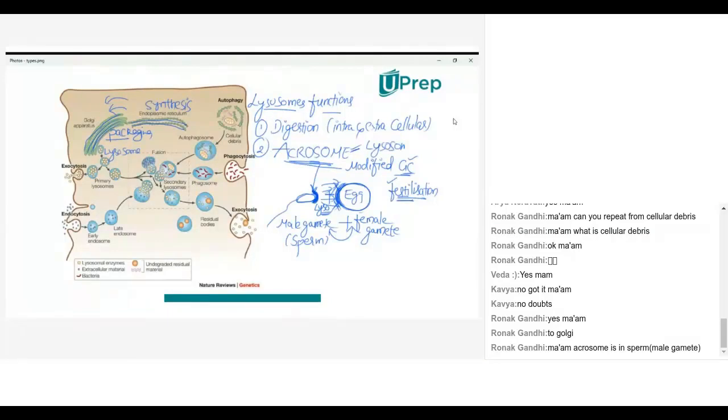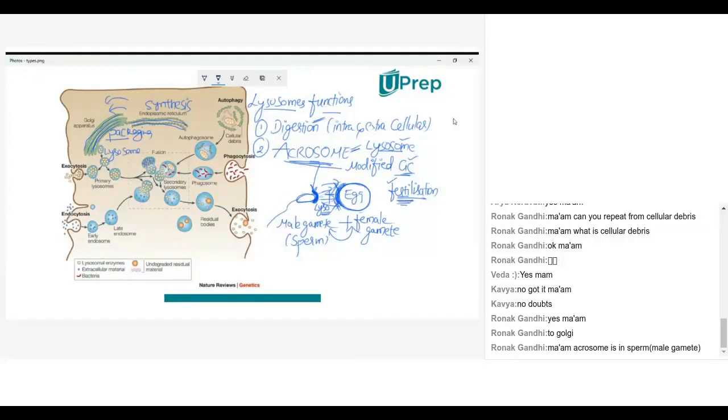So the first foremost concept we discussed for lysosomes is digestion, isn't it? It has hydrolytic enzymes that will digest whatever materials it comes across. So here the acrosome will act as a lysosome body and release enzymes that will cleave the outer wall of the egg and enhance fertilization.